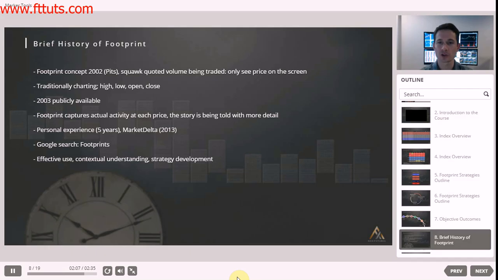So what we're going to do throughout this course is teach you how to effectively utilize the tool, also how to develop a contextual understanding, and lastly, be able to not just execute the trade strategies we teach you, but also ultimately develop your own unique trade strategies. Now, in the next slide, we're going to take a look at why you should consider utilizing the footprint tool.